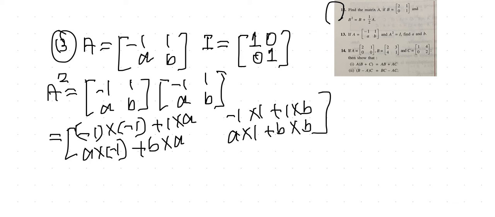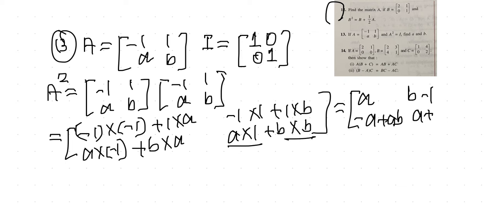So when you calculate this, how much is this turning out to be? Minus 1 into minus 1 is 1, plus A, so this is 1 plus A, and this is going to be how much, children? Minus 1 plus B. So I can be writing this as B minus 1. This is minus A plus AB. Okay, so I'll be writing minus A plus AB, and here I am having A plus B squared.